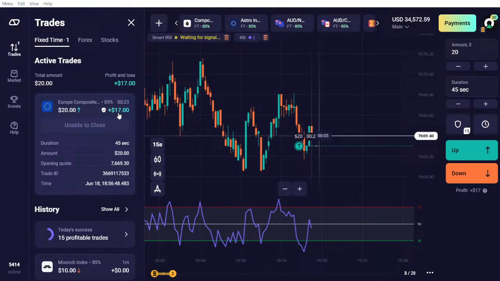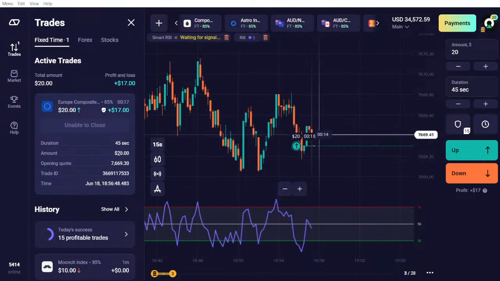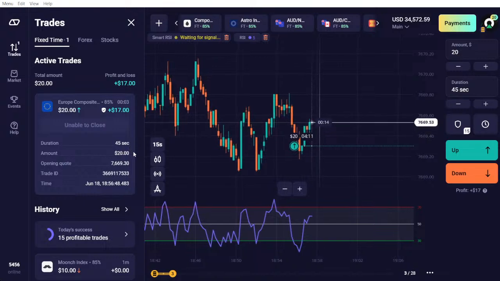But in case the trade goes negative, I will not face any deduction. The $20 amount which is deducted from my account, I will get the refund instantly, even at the next second, once the trade closes on the negative side. That is the best part of the risk-free trade.